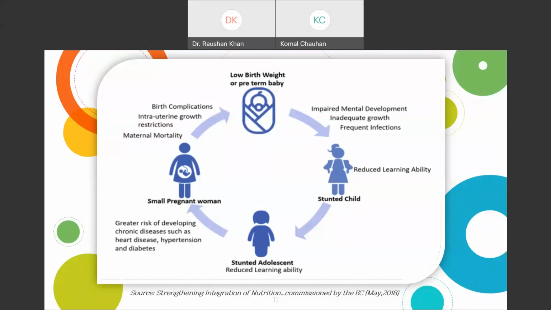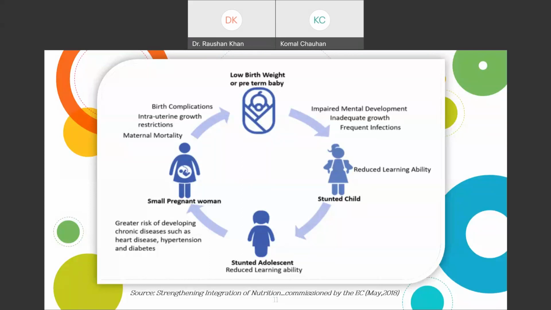Firstly, if a child is low weight at birth, or a preterm baby that is born prematurely, then there will be impaired mental development, inadequate growth, and frequent infections if the child is not looked after properly. And such children are often stunted, and they have reduced learning ability as well. Then a stunted child will grow into a stunted adolescent with a reduced learning ability.